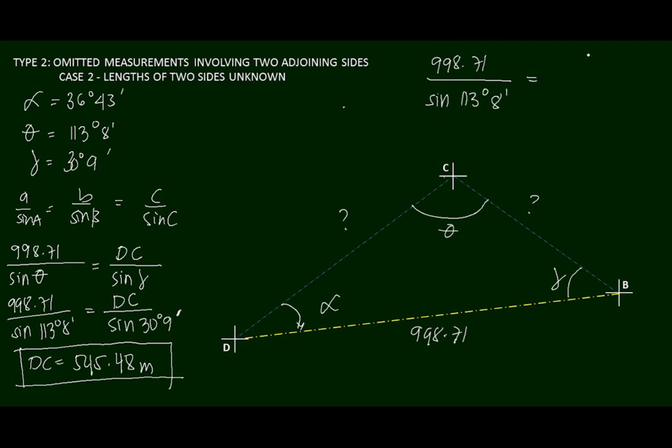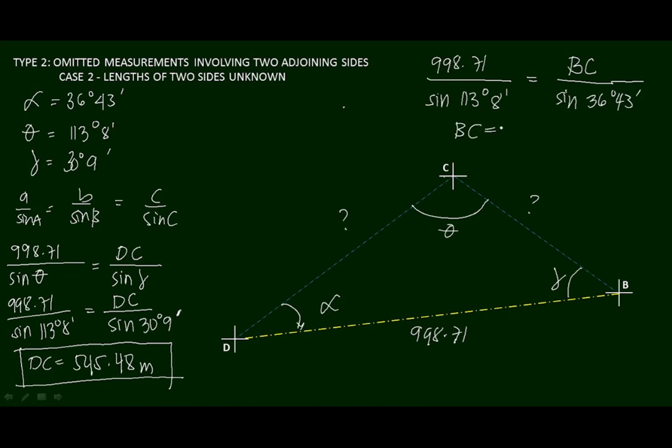That is equal to, this time, ang magiging B ko ay si BC over, yung angle na opposite ni BC ay si alpha. So, substitute ko lang yung value ni alpha, sine of 36 degrees, 43 minutes.